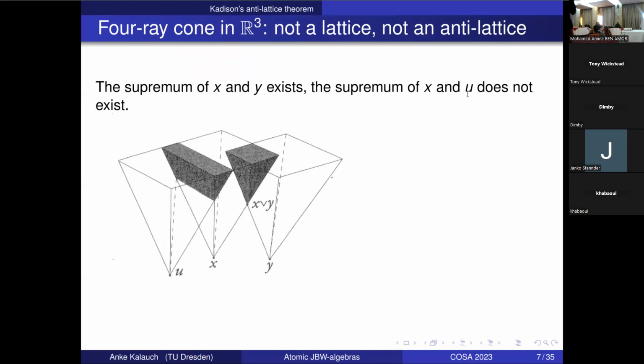But there are other elements who don't have a supremum because the set of upper bounds is ugly. You don't find the smallest element. You see? So this is in between, no lattice, no anti-lattice. So now we are more in the anti-lattice world. You can imagine, for example, these spin factors, as we will call them, these ice cream cones. This is typical for the anti-lattice world.